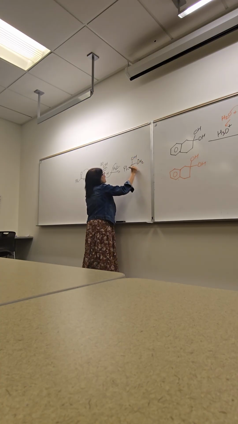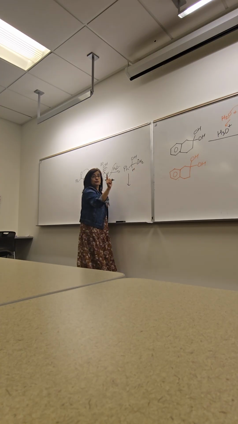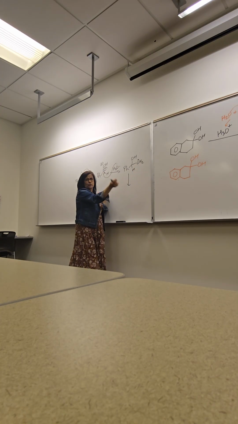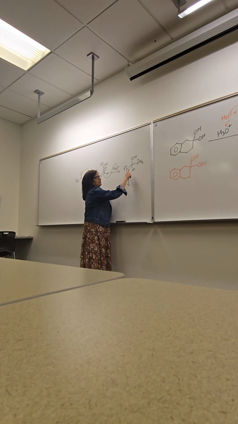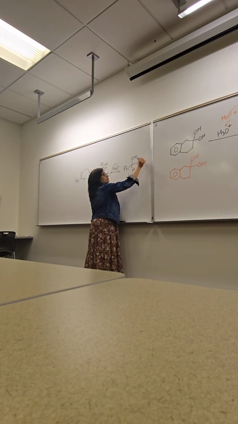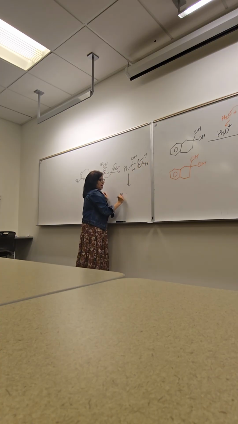What happens next? Hold on, I'm just writing this again so we can compare. What happens next here? OH2 donates a proton, so this guy loses a proton and you get the hydrate.